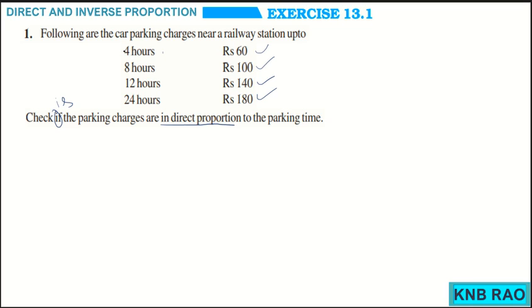Let us consider number of hours. This column as variable x and corresponding charges as variable y. Now 4 hours becomes x1 and rupees corresponding to that charge will become y1, and 8 hours becomes x2 and rupees 100 becomes y2.